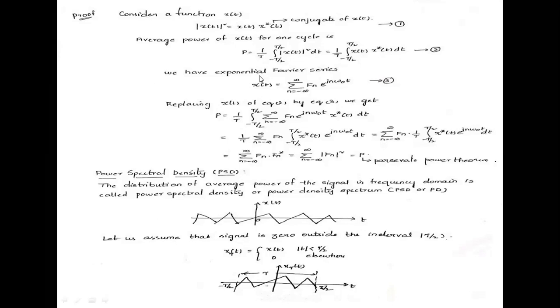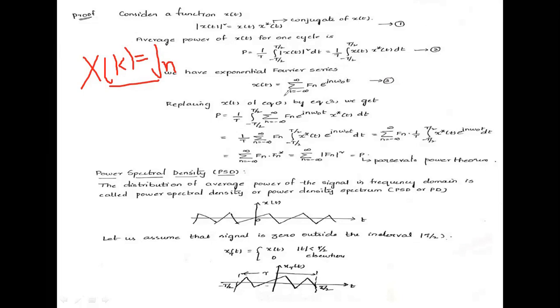And x of t, as per the exponential Fourier series synthesis equation, is equal to the sum from n equal to minus infinity to infinity of Fn e power j n omega naught t.